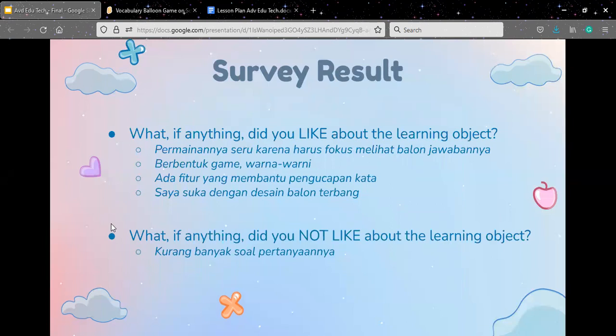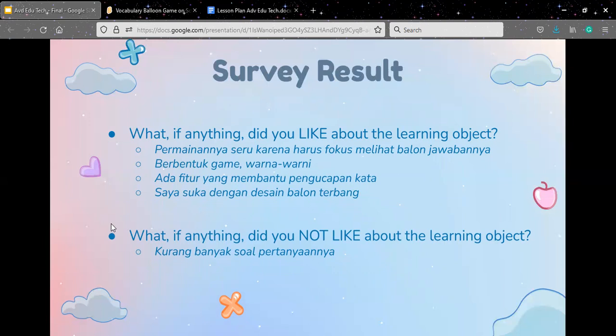Besides those three factors, the survey also includes two open-ended questions. The first is, what, if anything, did you like about the learning object? Based on the four participants, their answers were quite similar.